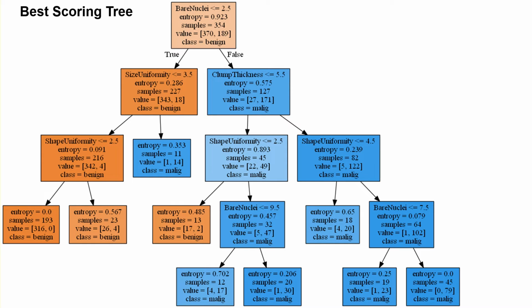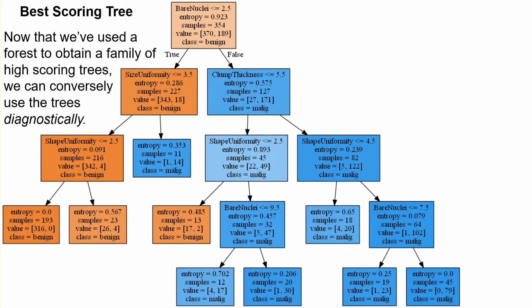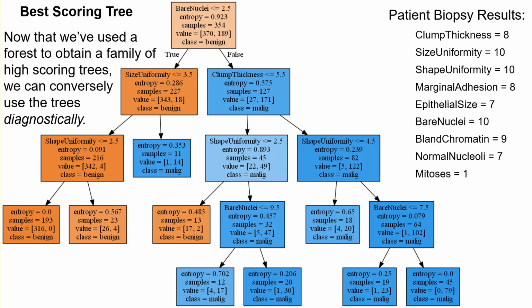So we can actually say how to diagnose somebody based on the values of these features. So suppose we had a patient that had these results in their biopsy. Clump thickness 8, size uniformity 10. You can see the numbers there.